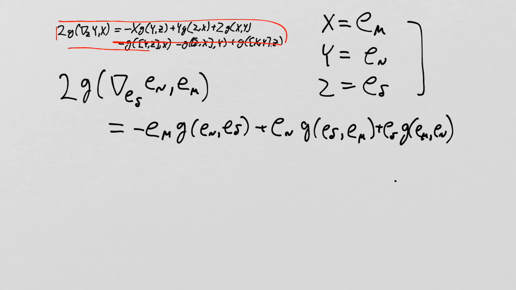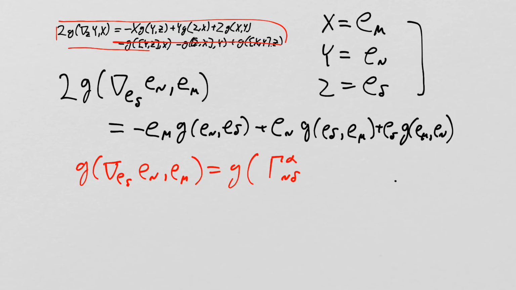We can start examining the first term, g of the covariant derivative of E delta along E nu, and E mu. Well, we know what that is. That's g of gamma sigma nu delta partial sigma, and partial mu.